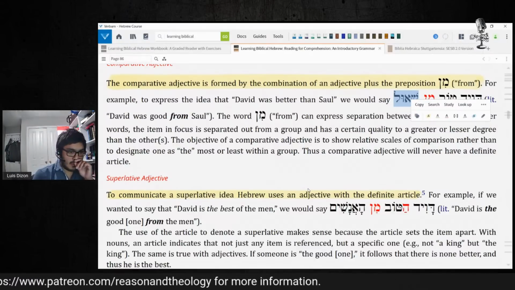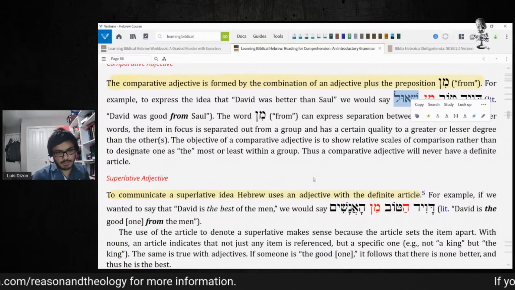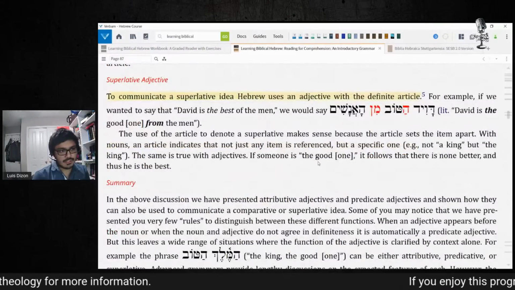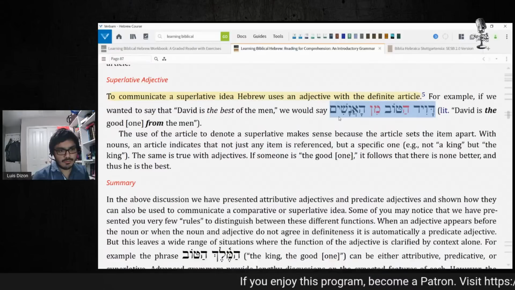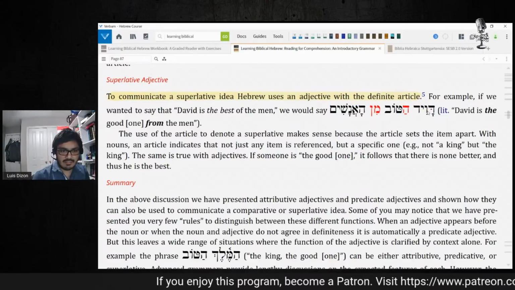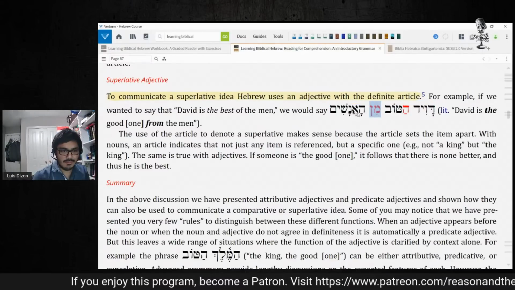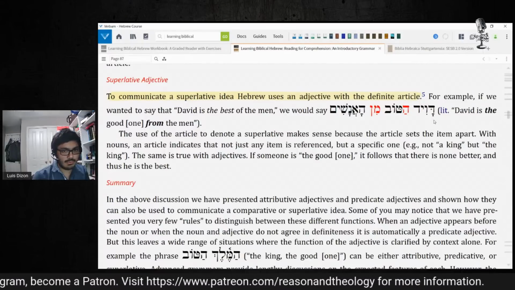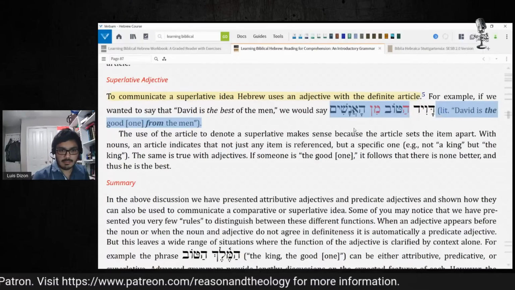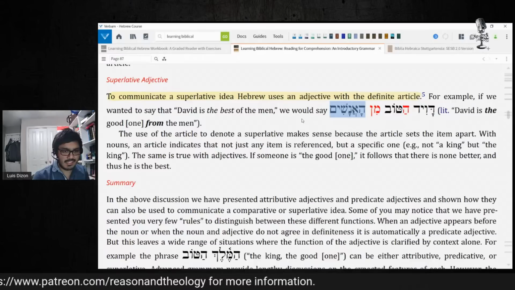Now, the min is also used in the superlative. So here you see David hatov min ha'anashim. David is the good from the men, if we translate hyper literally, but idiomatically we would say David is the best among the men.